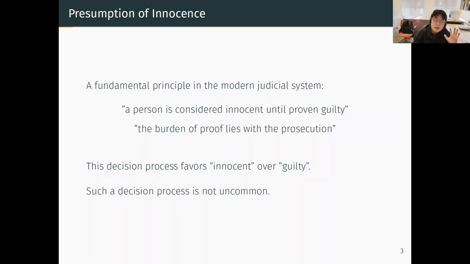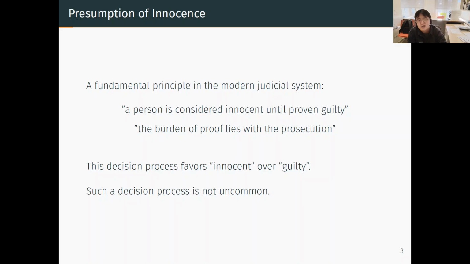Okay, but if you think about it more carefully, it means that it's unfair. It favors innocence over guilt, right? So if you cannot prove me guilty, then I'm not guilty. So even if I was actually guilty, but if I could hide evidence well, then I'm not guilty.